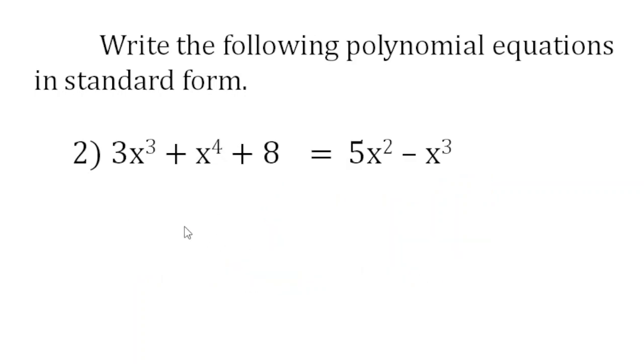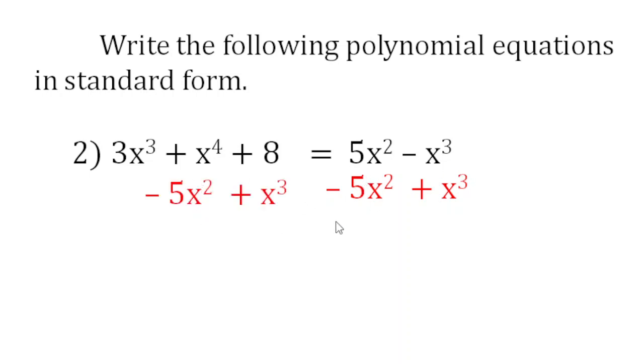Let's do another example. 3x cubed plus x to the power of 4 plus 8 equals 5x squared minus x cubed. Again, to make the right hand side of our equation equal to 0, we have to subtract 5x squared here and add x cubed. We do the same thing on the left side.